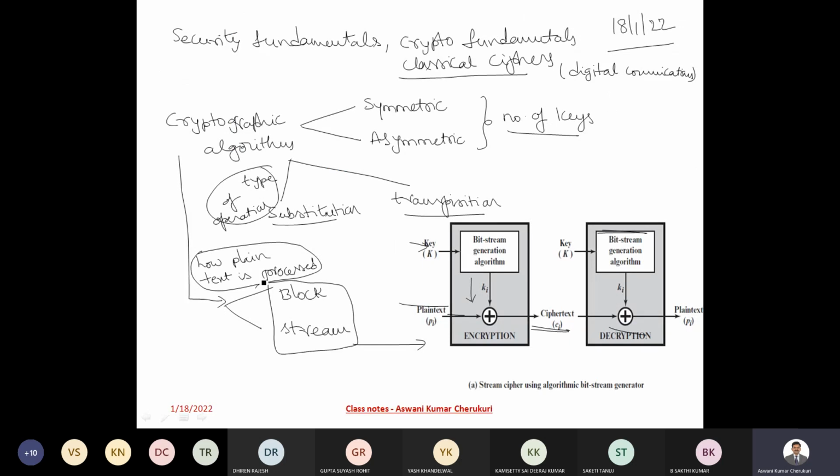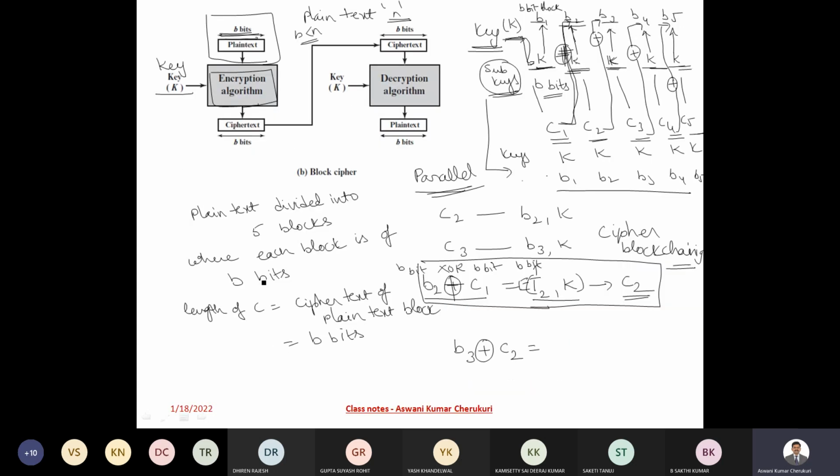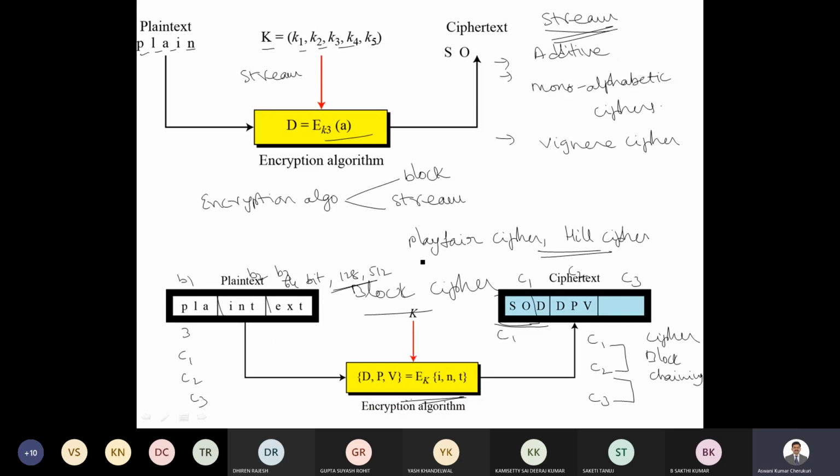Okay, but in practice, whatever examples we discussed, Playfair cipher and Hill cipher are examples of block ciphers. Your additive ciphers and monoalphabetic ciphers are examples of stream ciphers.